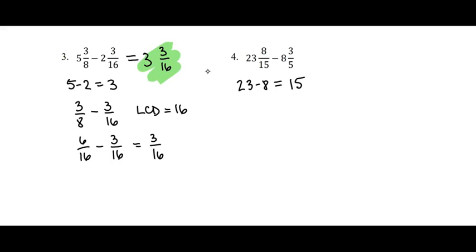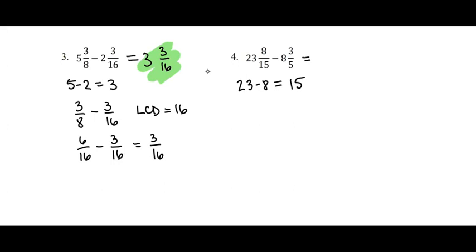I'm not going to put that into the answer first until I actually know that I'm not going to have to borrow or add something to this digit. I kind of ballparked it on number 3, so I knew I didn't have to do that. But normally, don't be too quick to put the whole part answer into your answer box.